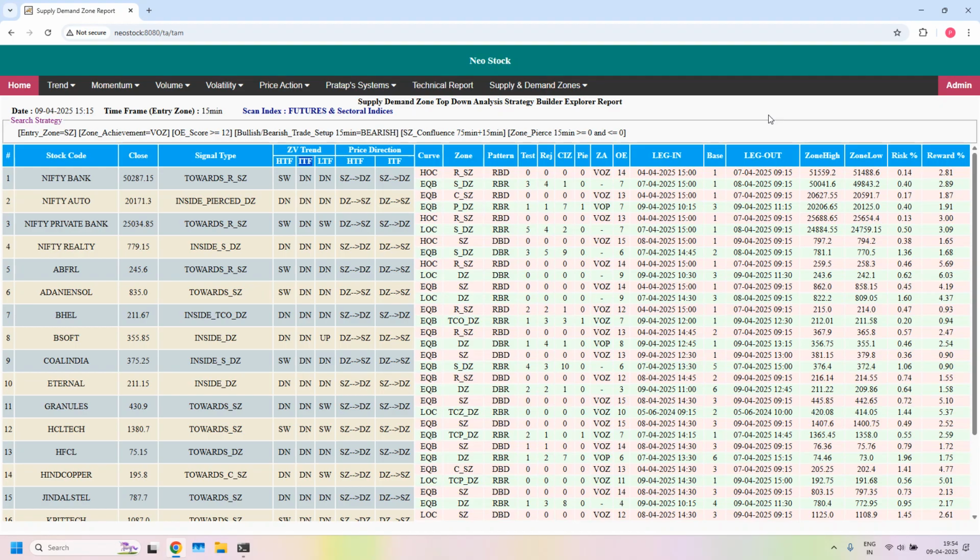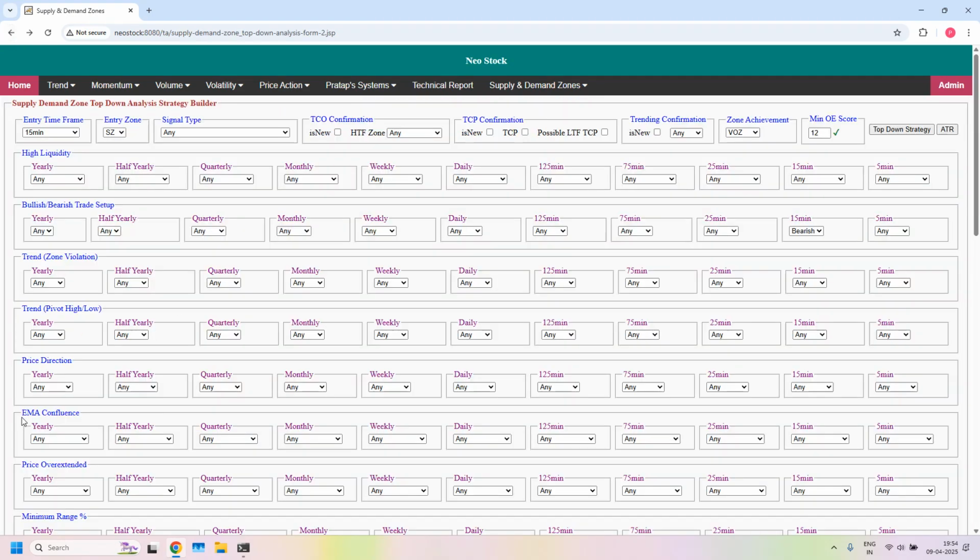Let us verify if the ITF, that means the 75 minutes supply zone, is having daily EMA confluence, because the 15 minute supply zone is overlapped with the 75 minute supply zone. So let's go to the EMA confluence at 75 minutes time frame. We are checking whether the 75 minute supply zone is having daily EMA confluence or not.